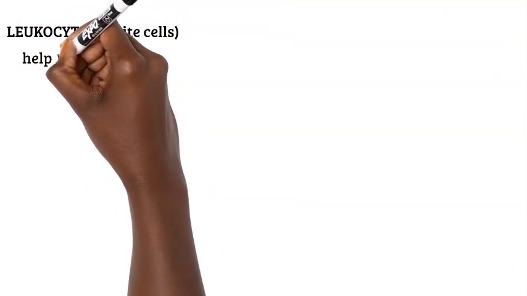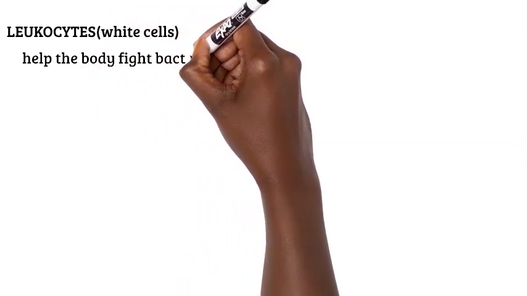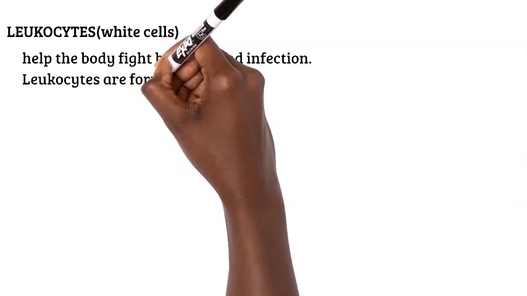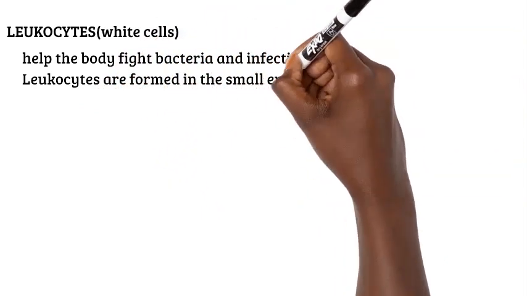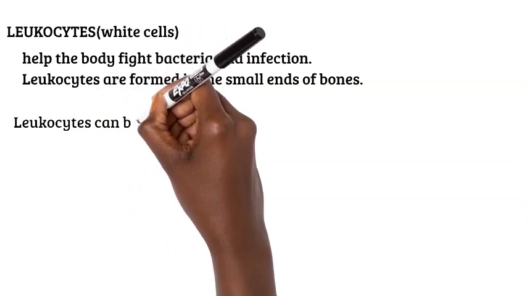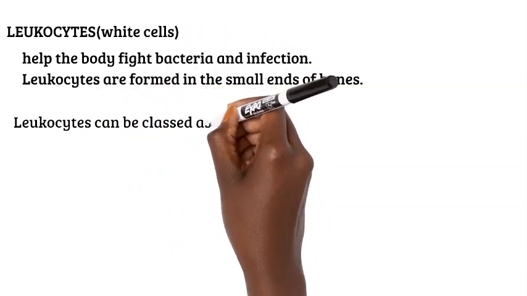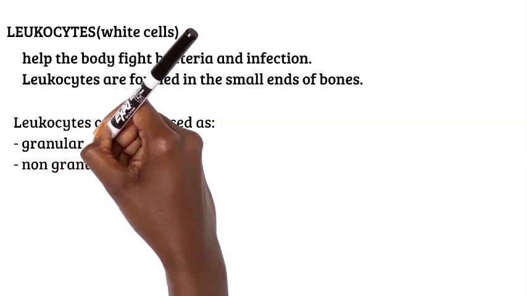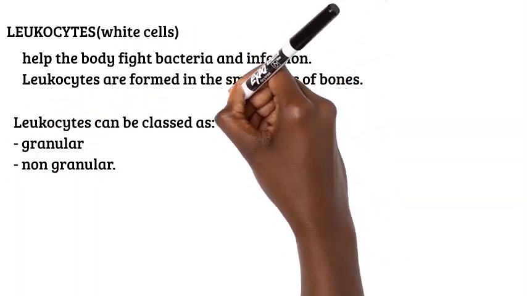Another type of cell in the blood includes leukocytes, also known as white blood cells. These cells help the body to fight bacteria and infection. They are formed in the small ends of bones. They can be classified as granular or agranular, also called non-granular.